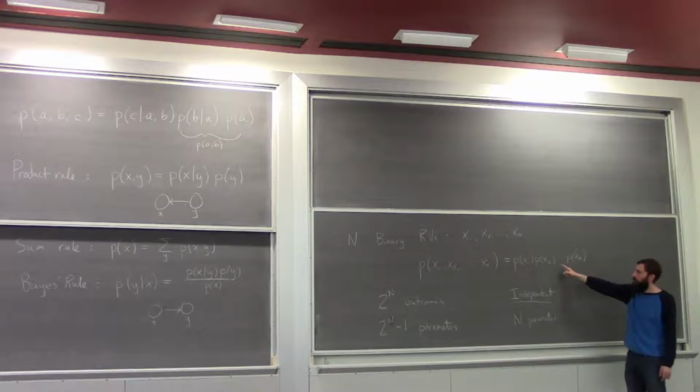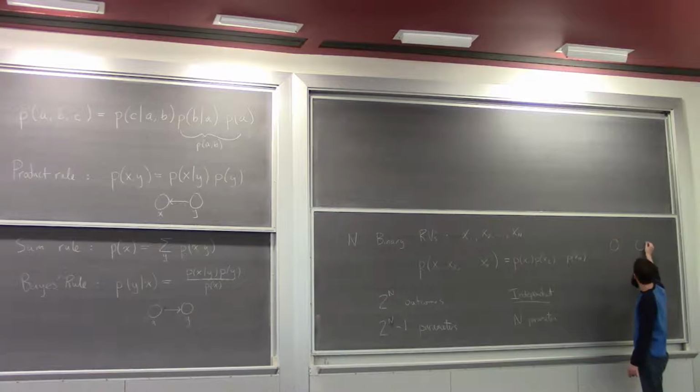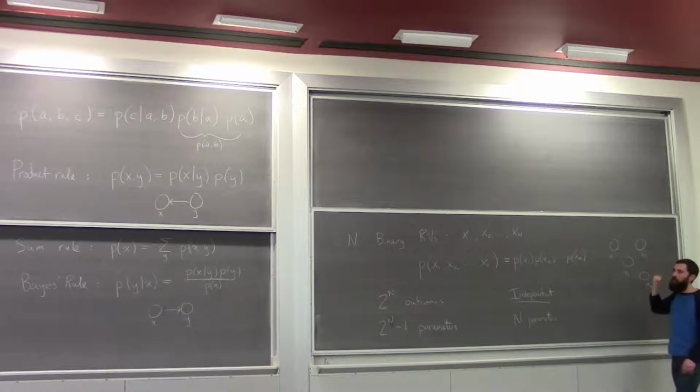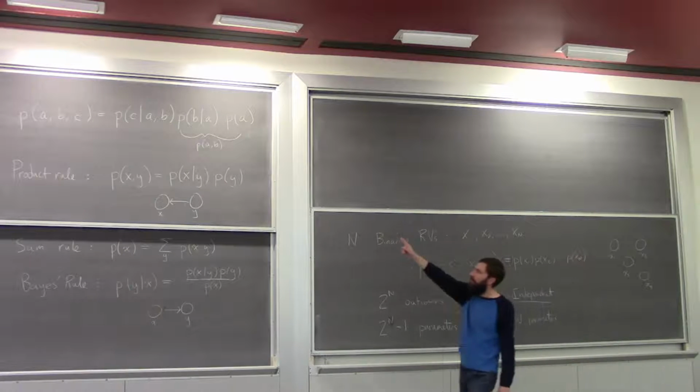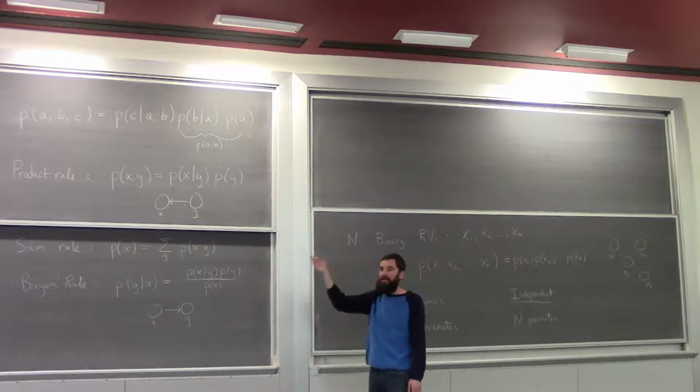So this graphical model, the fully independent x's, is the model that just has these random variables, let's say N is 4 here, with no edges, right? If I have no edges, then this factorization says everybody is conditioned on their parents.